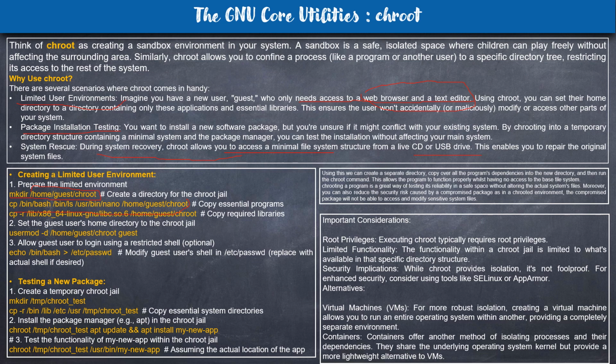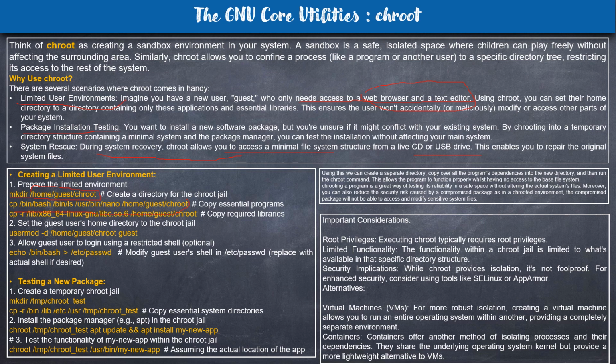Then we will also copy the libraries which are needed to run these programs. Okay, so cp -r library x64 Linux GNU SO home guest user chroot. So these are the basic libraries which are needed to run these commands. So we'll copy that.